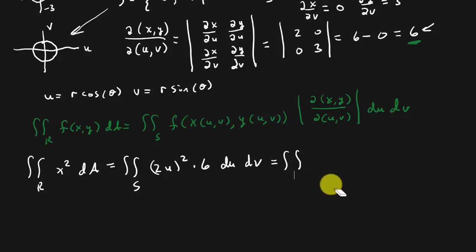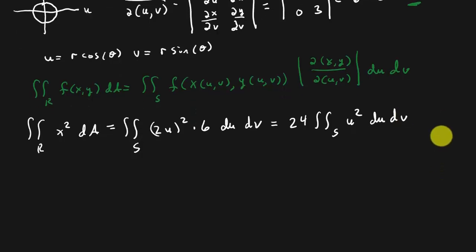Let's just do this: 24 double integral over S u squared du dv. We'll simplify it.